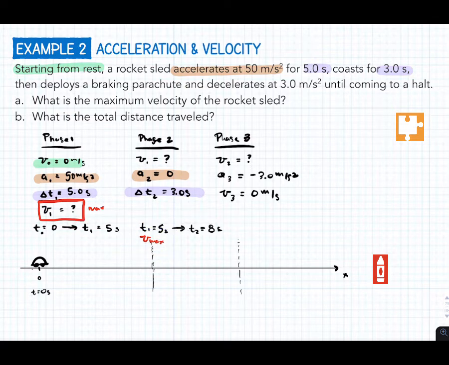So this means we'll call this x0 equals 0 meters. This will be x1, which we don't know, and this will be x2. So we'll go accelerate, coast, and then finally there'll be some x3, which is our final position.